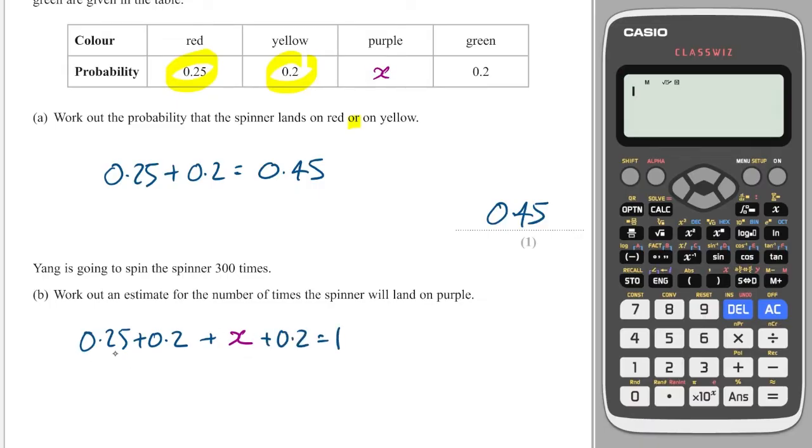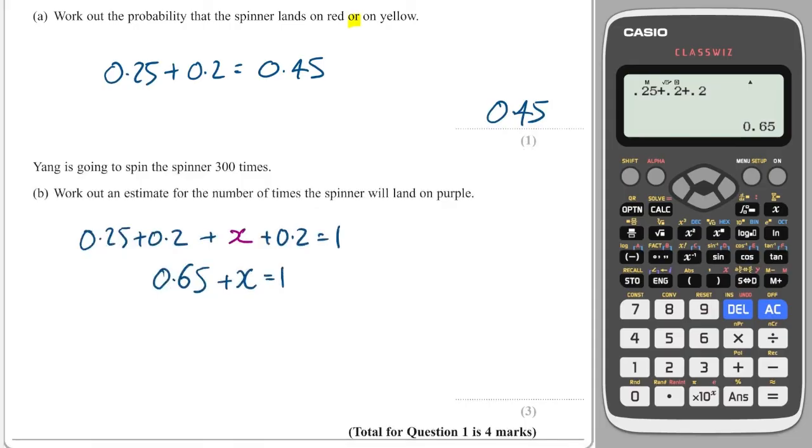The ones we do know, 0.25 plus 0.2 plus 0.2 is 0.65. So 0.65 plus x equals 1. So x is equal to 1 minus 0.65, which is 0.35.